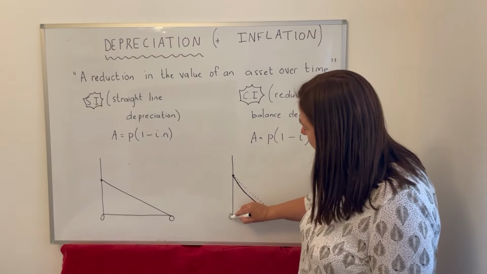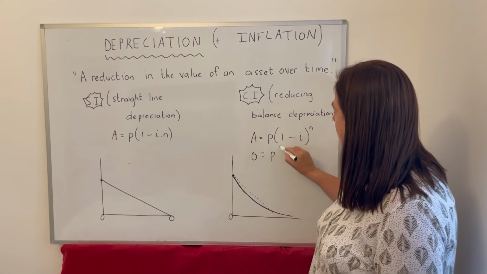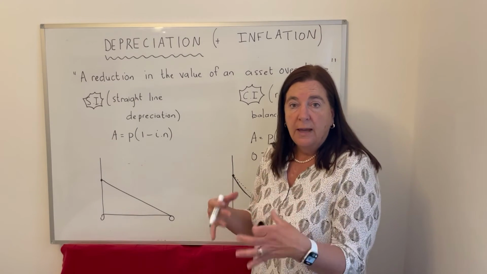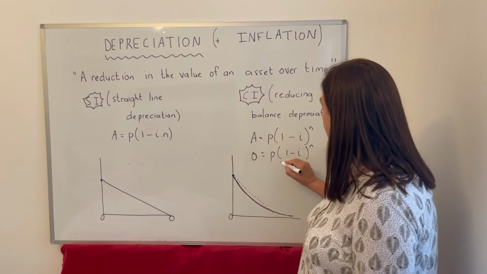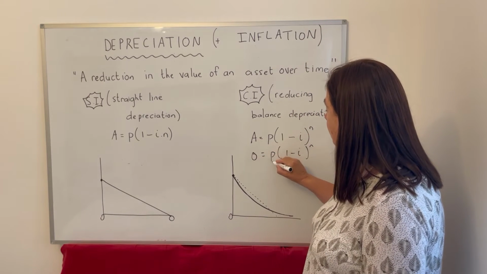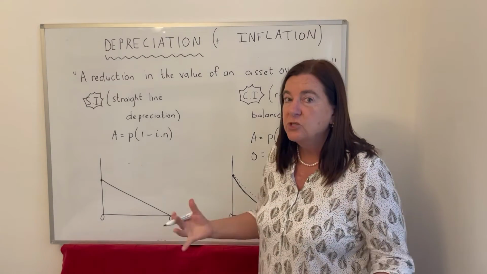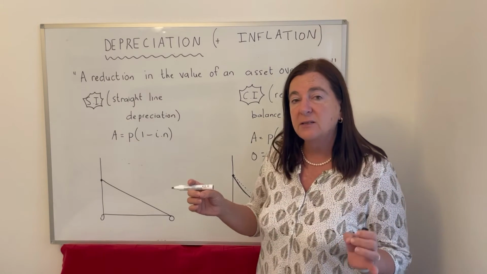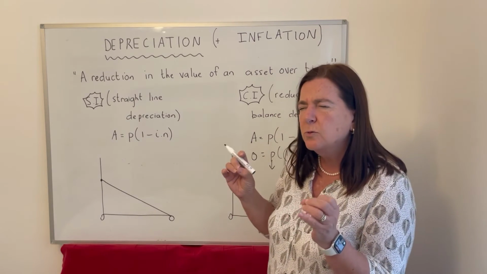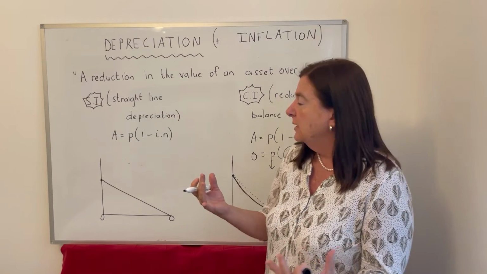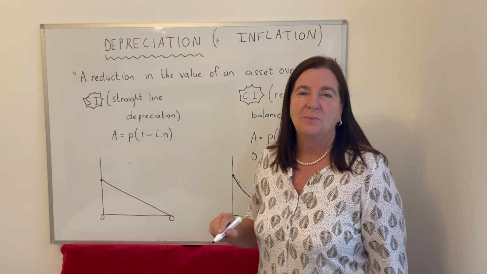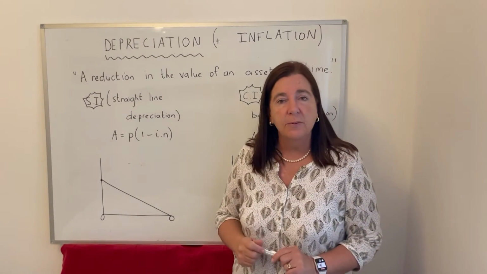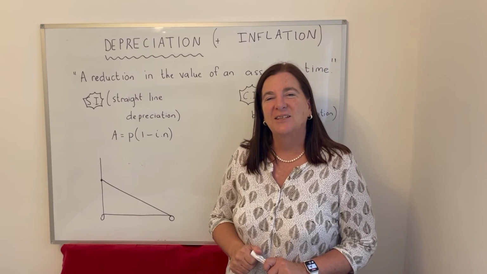If you think of it in terms of solving for an unknown, when it becomes 0, it can only become 0 if either your initial amount is 0, which it can never be, or this here is 0, and that can never be, because even if that's a fraction, it can become a small decimal, but it can never become 0, because n is always a positive value. Interesting, isn't it? So this is depreciation. We're now going to look at a few examples, and then we'll move on to inflation.